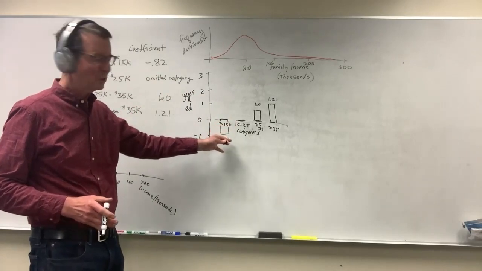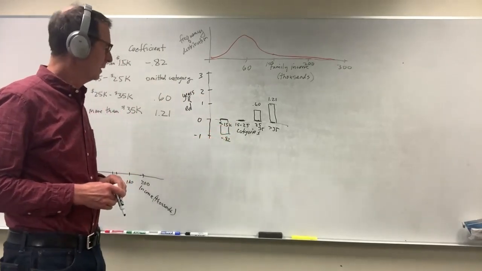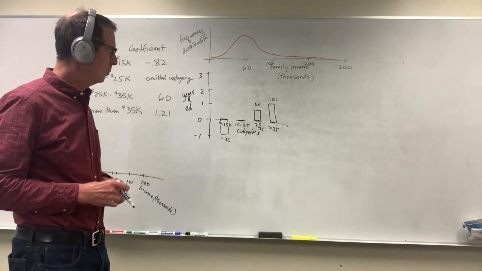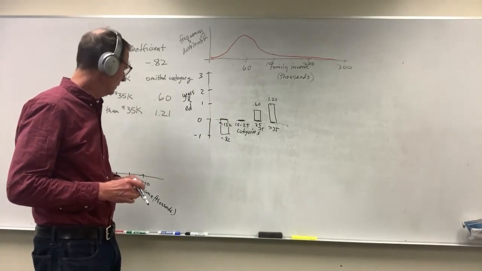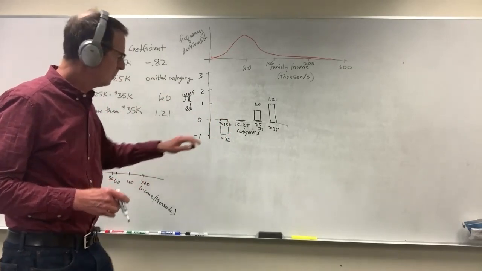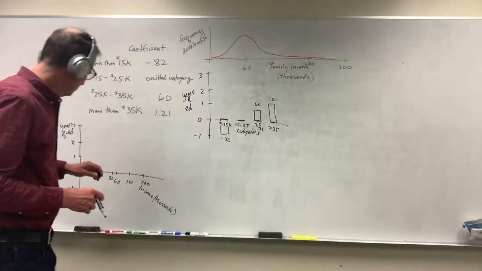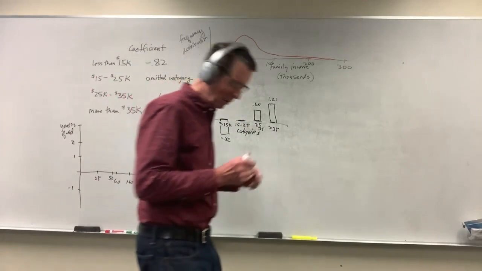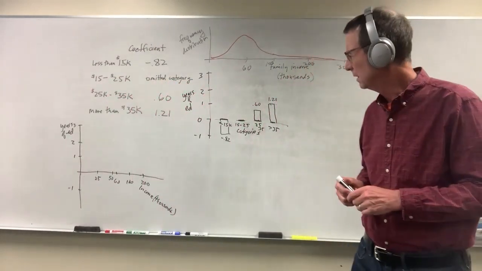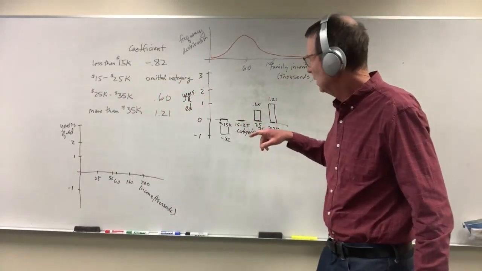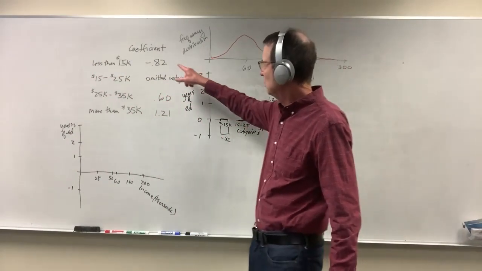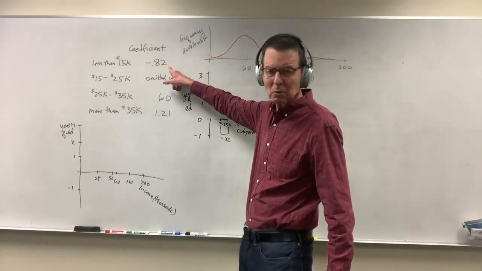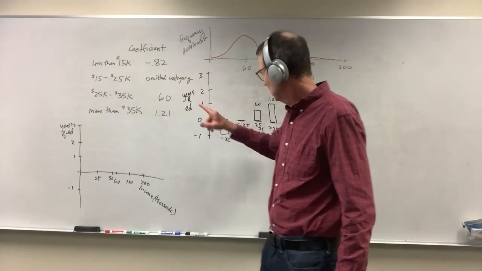Income is a continuous variable, it's not a categorical variable. And so what we want to do really is go from a bar graph to a scatter diagram, right? We want a scatter with a point that is minus 0.82 on the y-axis.